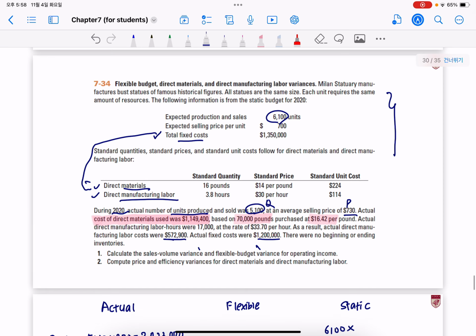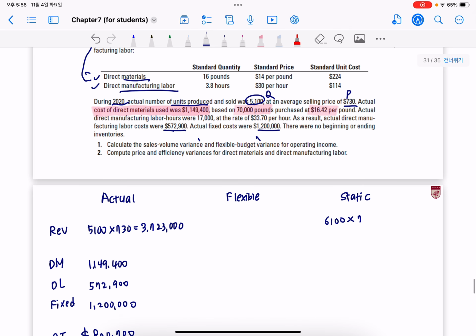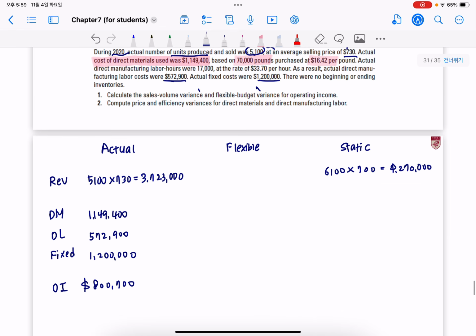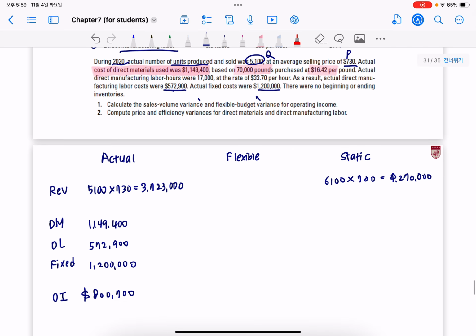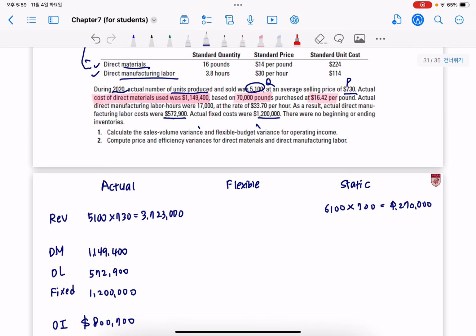and the budgeted price is given as 700. Okay, so let's also do the calculation and we'll be getting $4,270,000. Okay. Now for the static budget DM, what can we do? We need the budgeted Q times the budgeted direct material cost per output, right?